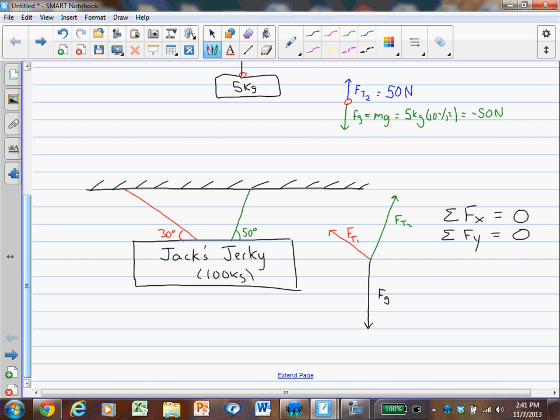That's important because for each of these tension forces at an angle, we're going to find the x part, which I'm going to simplify and call T1x, leaving the F out to make it a little easier.